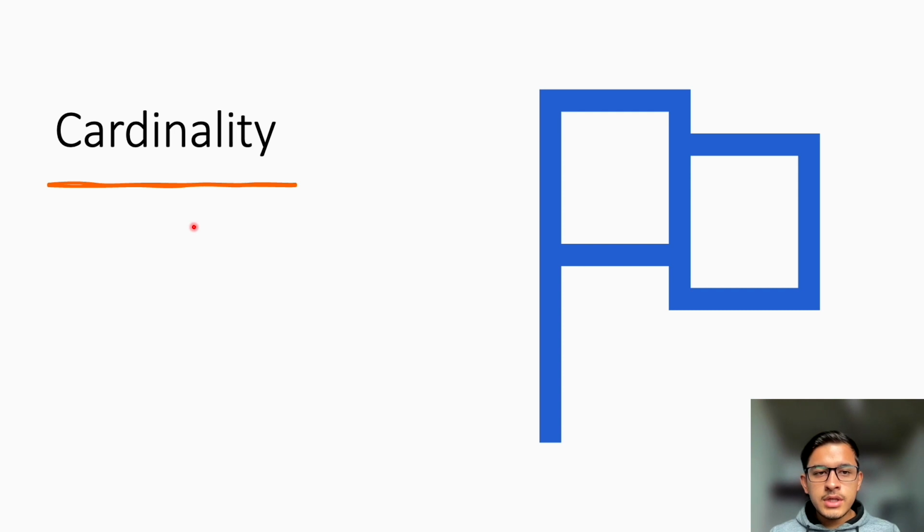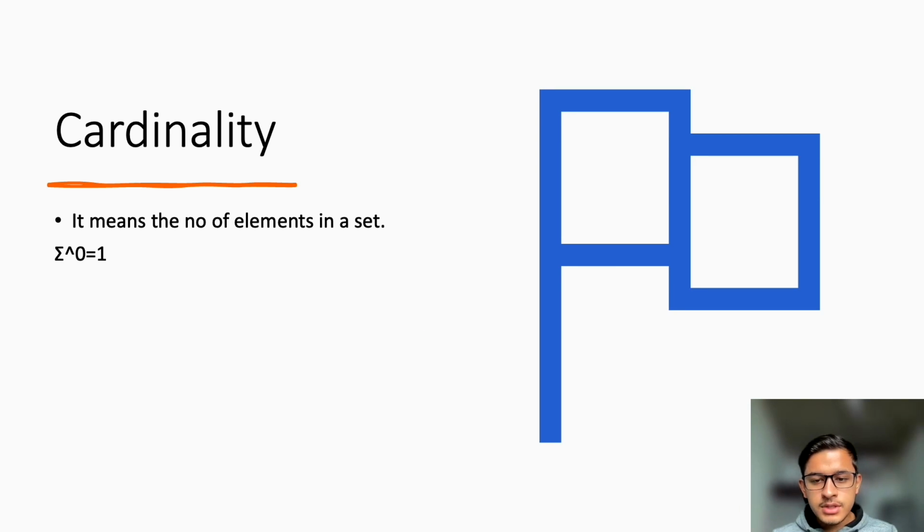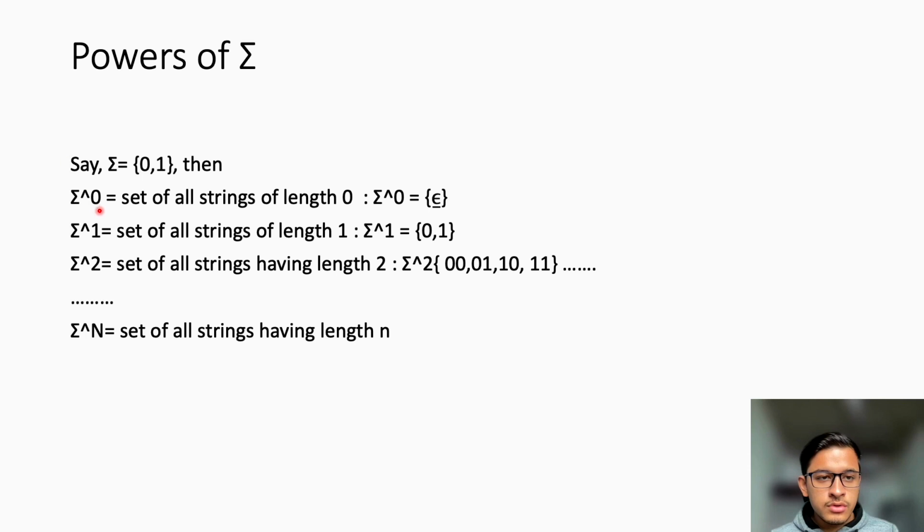The next term we need to understand is cardinality. Cardinality means the number of elements in a set. Let's quickly check the cardinality of powers of sigma from the previous slide. Here sigma power 0 has only one element, so its cardinality would be 1, and similarly sigma power 1 has 2 elements, so its cardinality would be 2, and for sigma power 2 the cardinality would be 4.